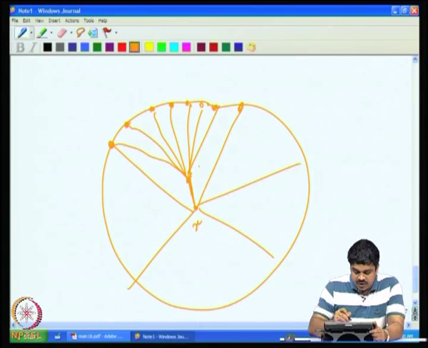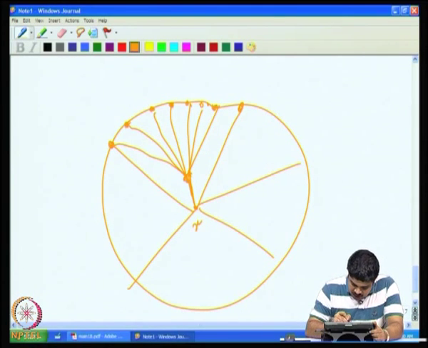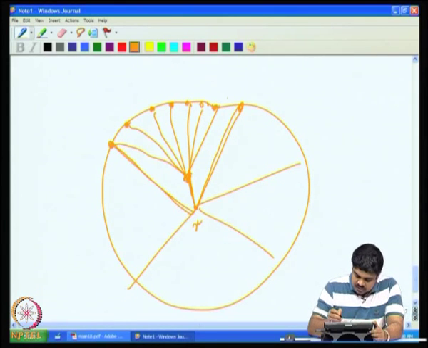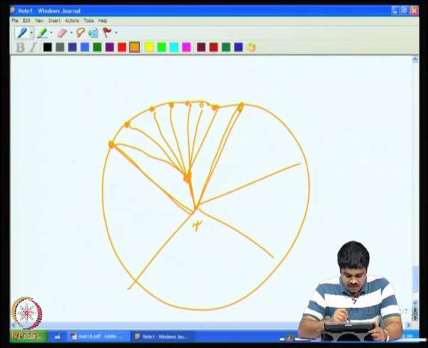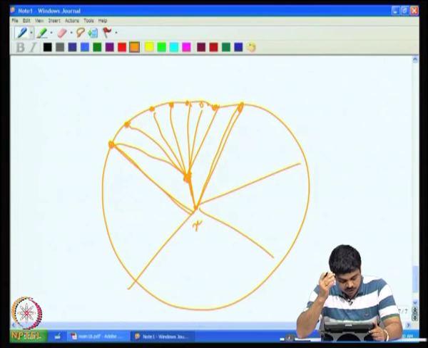See, the key point is we can argue that y comes in one of these sectors, right. So there won't be any confusion about how we can place y with respect to the graph which contains only x after removal of y, right.